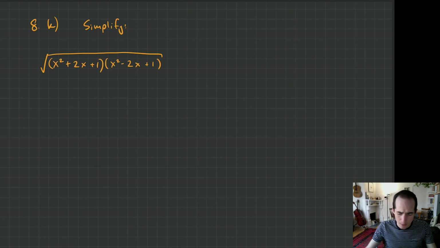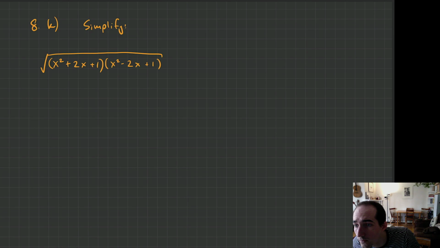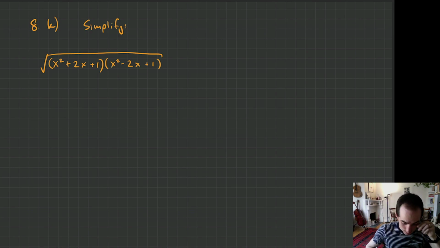The first thing that I want to do is factor these. If I can factor both of these, then I'll be golden. We'll talk about absolute values as well.